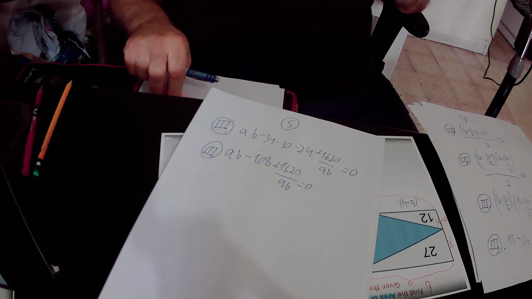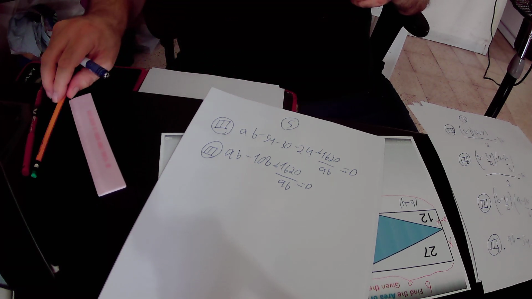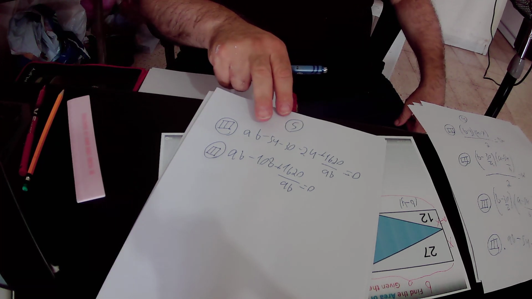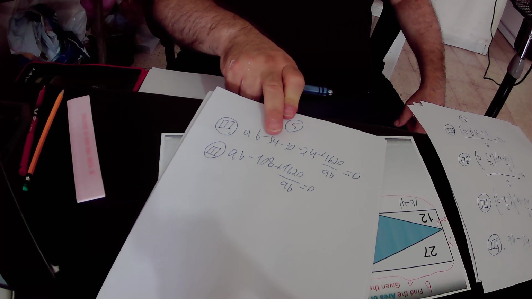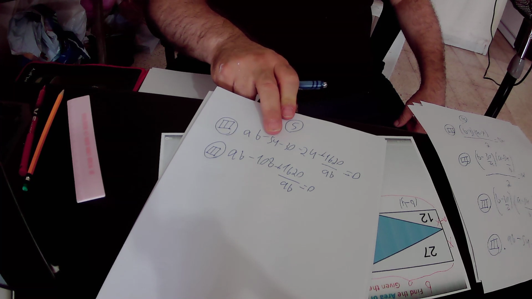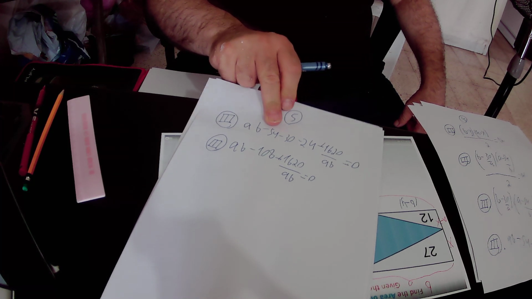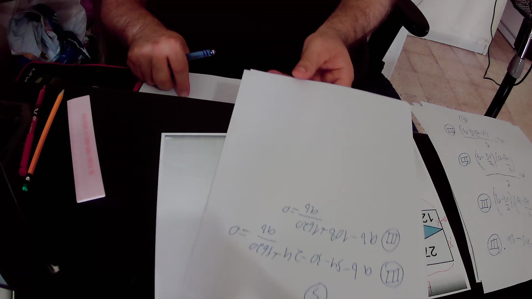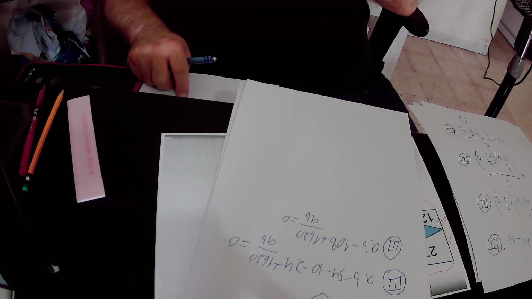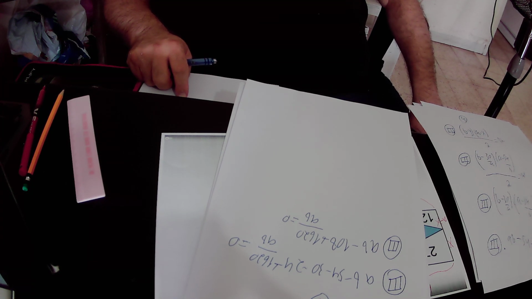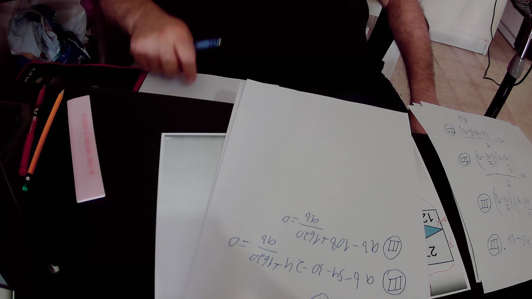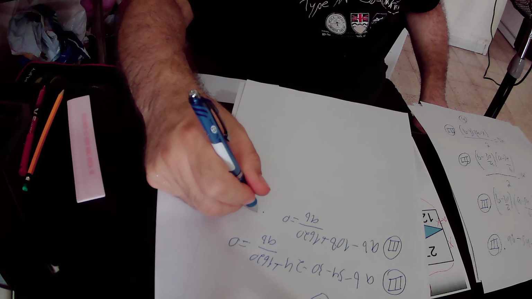Here we can multiply both sides of the equation by ab. As I've already told you, a and b must be positive numbers, and when you multiply two positive numbers by each other, you will always get a positive number, and you will never get 0, so we can multiply both sides by ab.